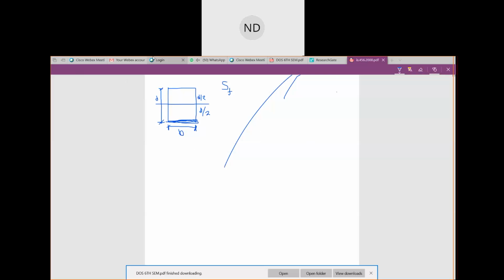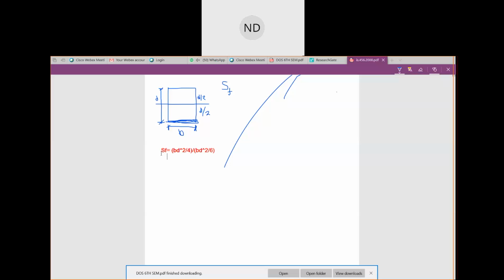Ultimately, we got our SF to be how much? Our SF was equal to, as I have said, BD square by 4 over BD square by 6.